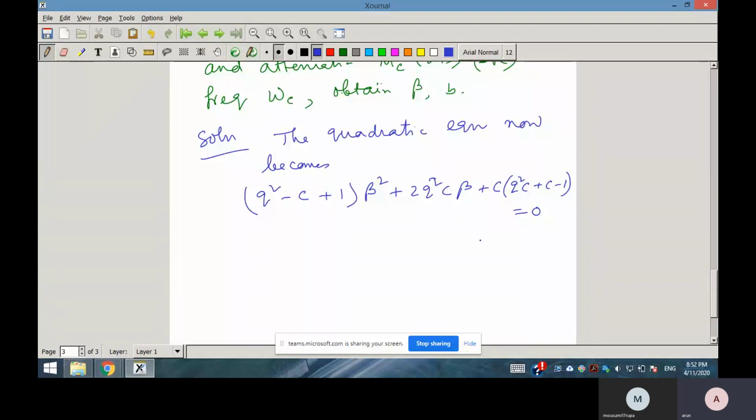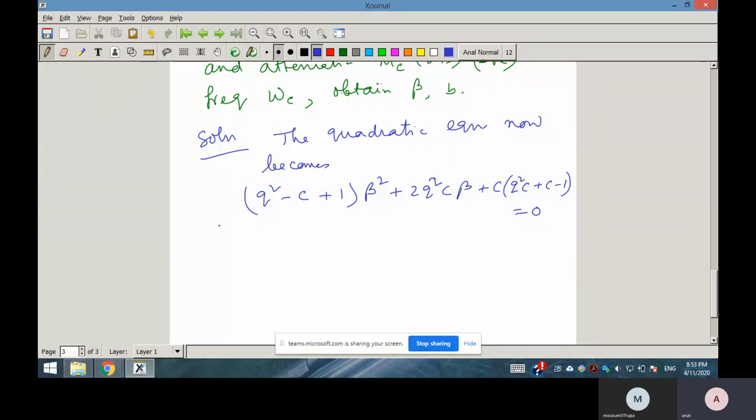Then we'll see whether that condition suffices; that condition also ensures that beta is less than 1. Beta is positive as well as less than 1. So first we will see what is the condition for which beta is positive.